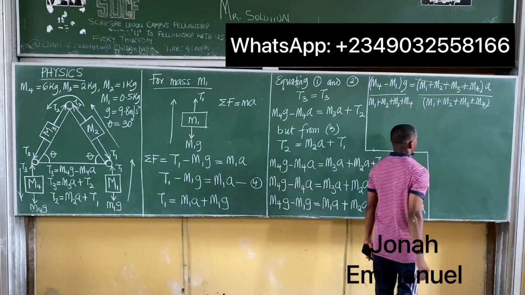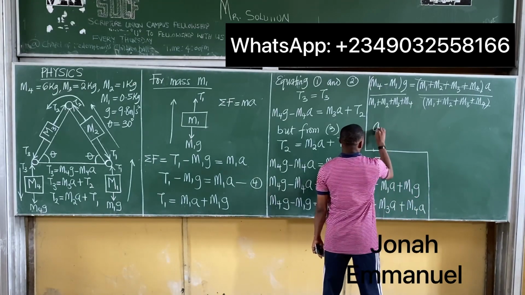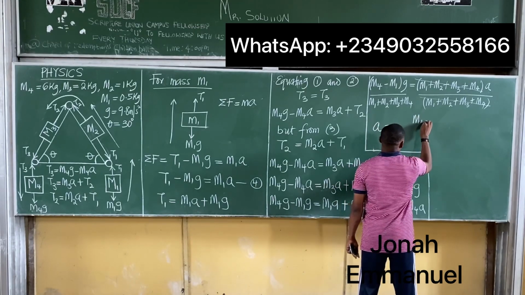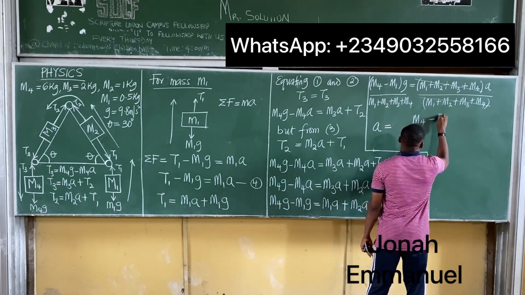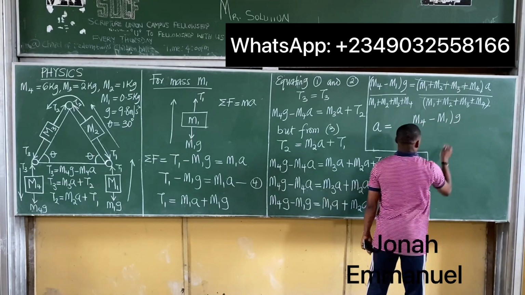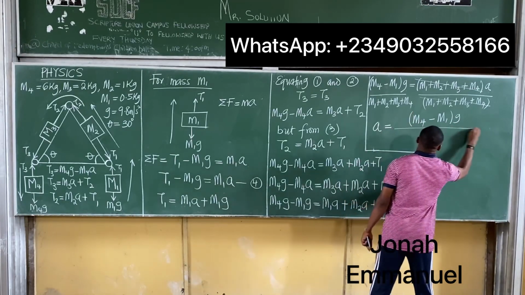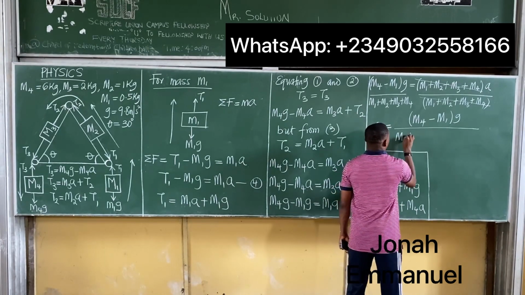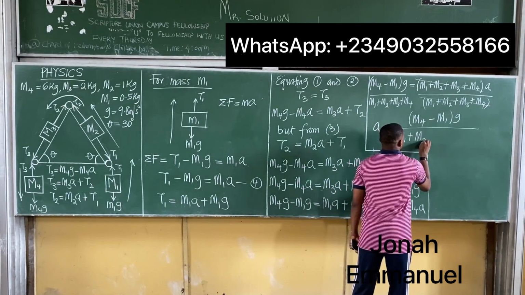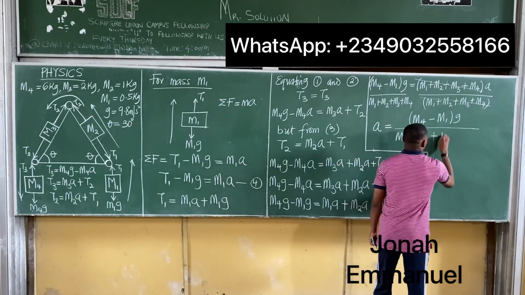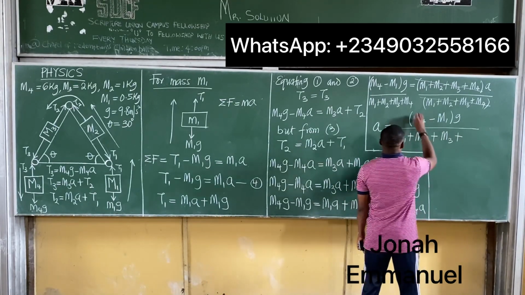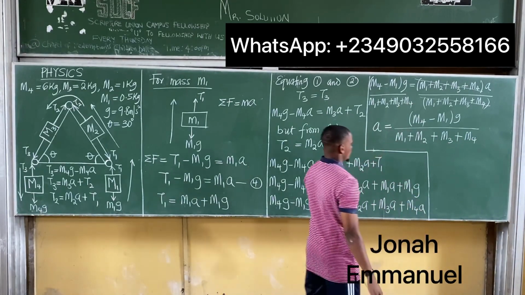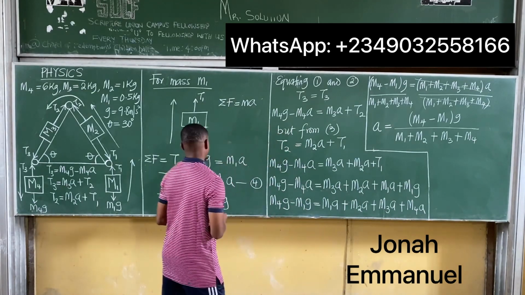I'm left with A. So hence, the equation for the acceleration A is equal to M4 minus M1 all multiplied by gravity all over the sum of the masses: M1 plus M2 plus M3 plus M4. So this becomes the equation to get acceleration.